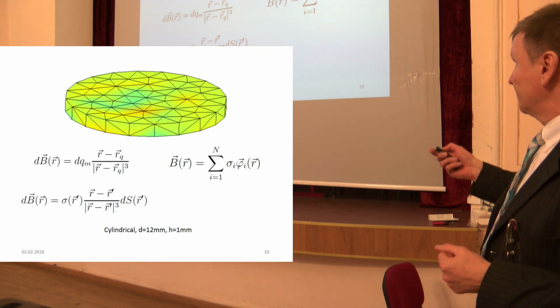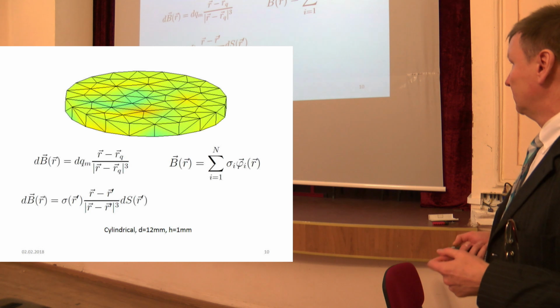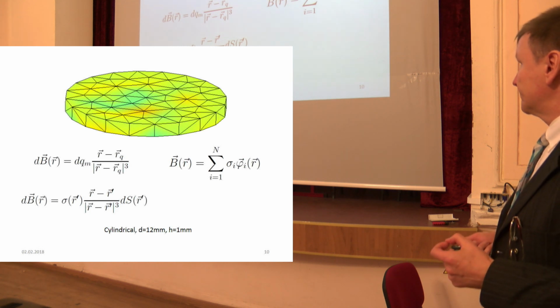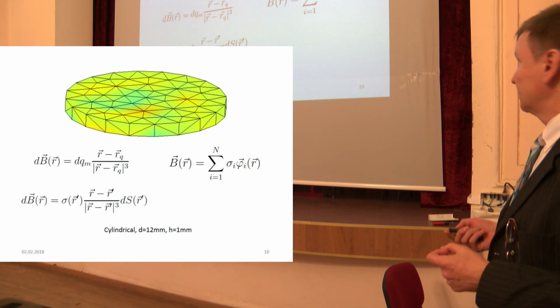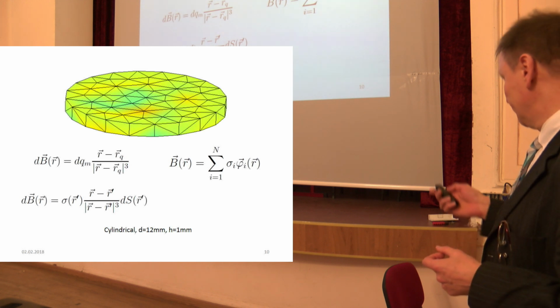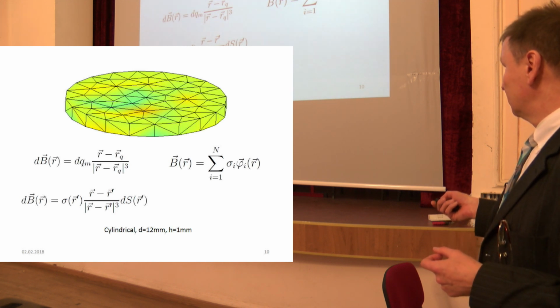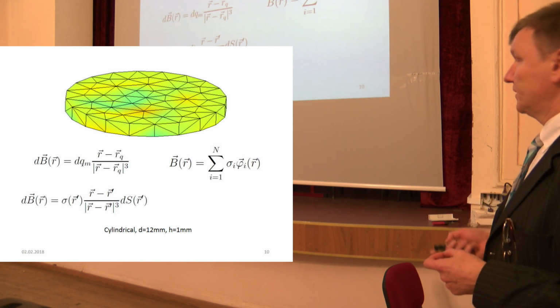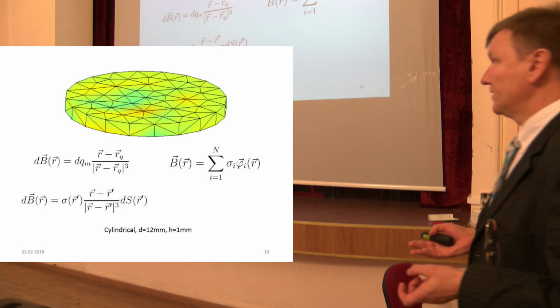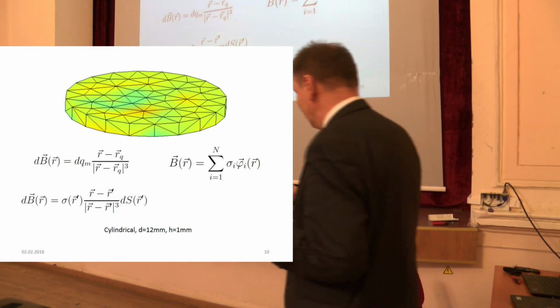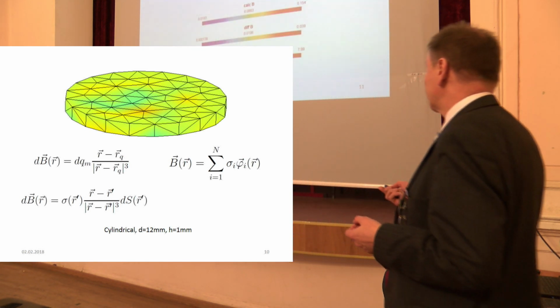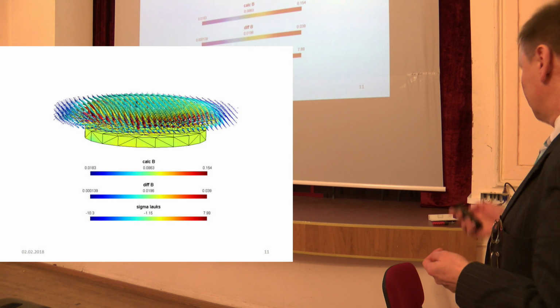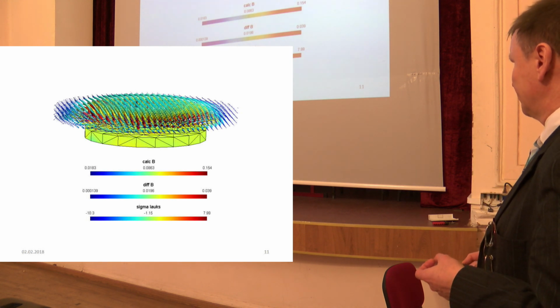We are putting some surface magnetic charges, and that is a way to represent the magnetic field. The magnet itself is not so large, and I was expecting it would be a very, very easy task, but actually it turned out not really like that.